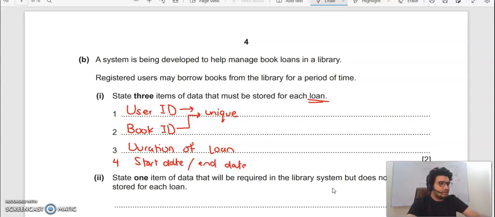Usually you would want to put it up as one thing. If you store start date and end date, you would not really want to store duration of the loan, or vice versa. There could be something else as well. You can go on and store the start date, the end date, and so on.